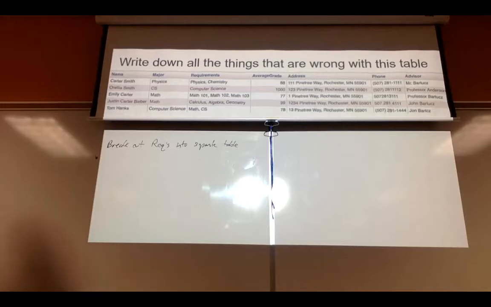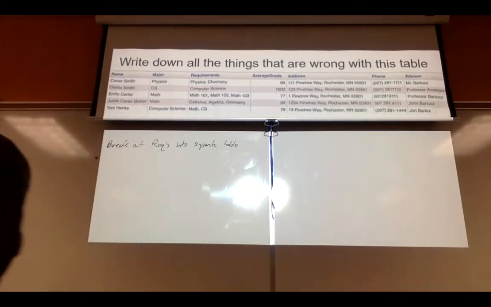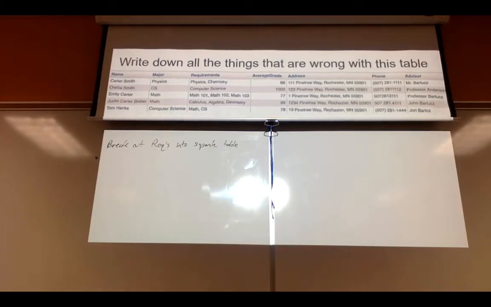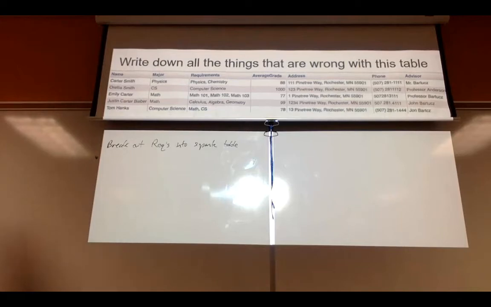Is there another thing that you can think of just particular to the requirements table? Why should it not be in this particular table? Because it has more to do with the major than the student. Exactly, right? What is this table about? Students, right? Are the requirements related to a specific student?